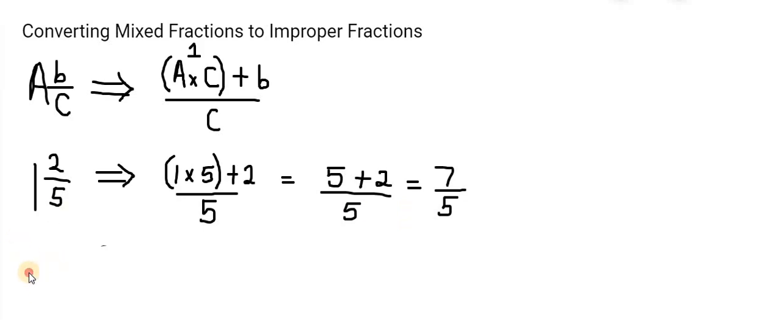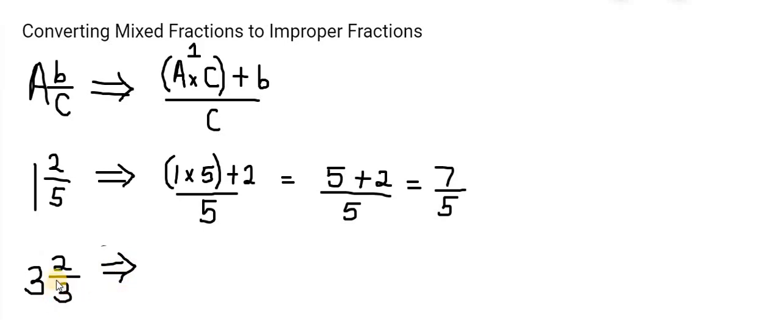Now, once again, 3 and 2 over 3. The reason why I'm showing these numbers repeating itself is because I just want you to see that the process doesn't change no matter what the numbers are. Okay? So go again.